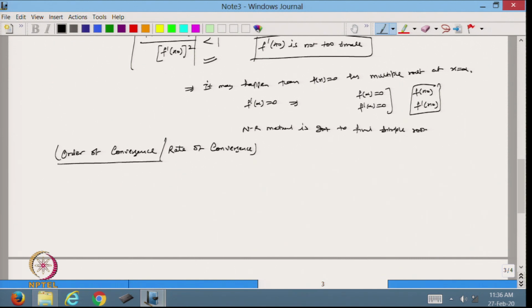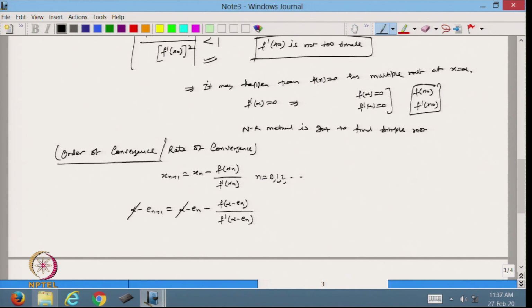In this case I have the equation x n plus 1 is equal to x n minus f of x n divided by f dash x n, where n starts from 0, 1, 2 and so on. Then I can write this equation as alpha minus E n plus 1, that is the error introduced at the n plus 1 step, equal to alpha minus E n minus f of alpha minus E n divided by f dash alpha minus E n.